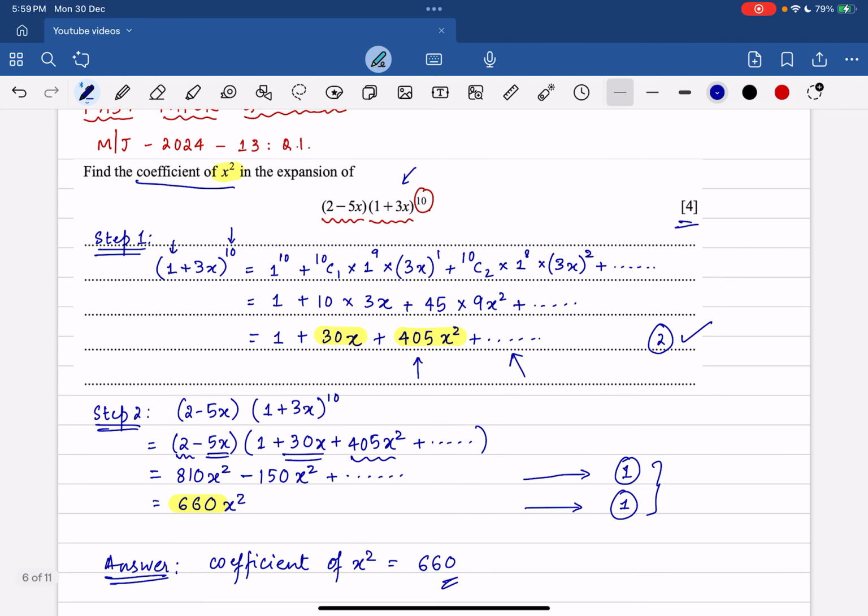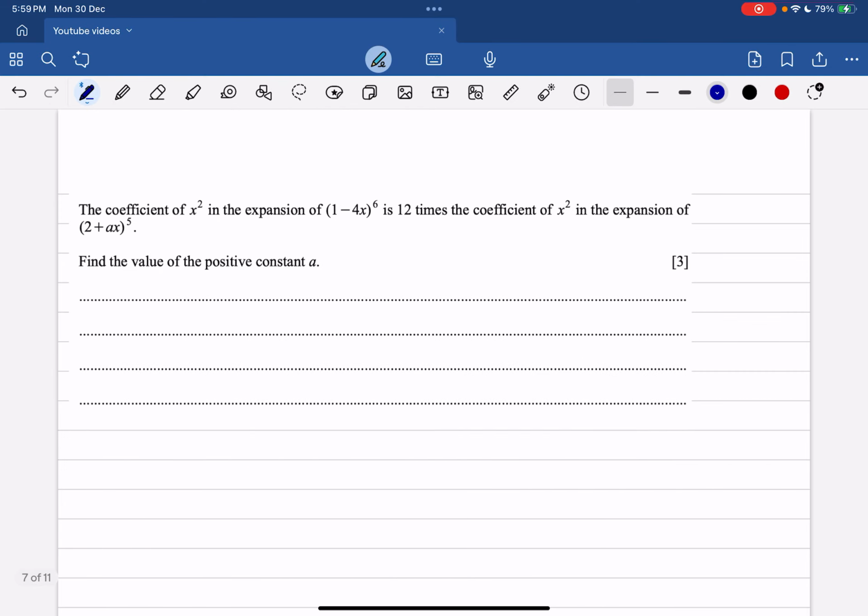Okay. Let's look at another one. Let's look at a different type of question. Now this question over here is again from the MJ series from 2024, and it is from paper 1 2.